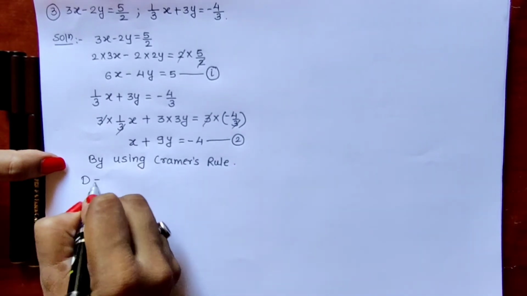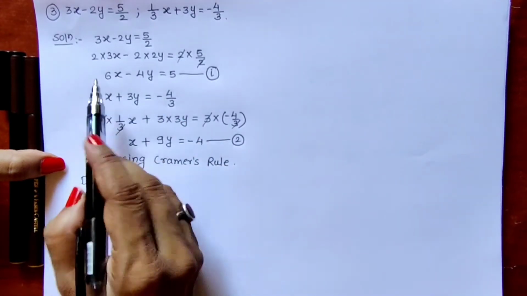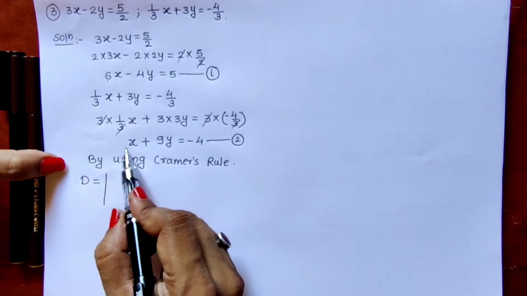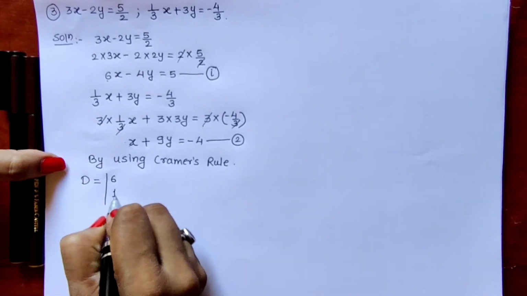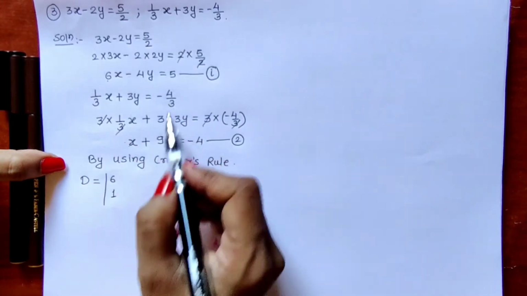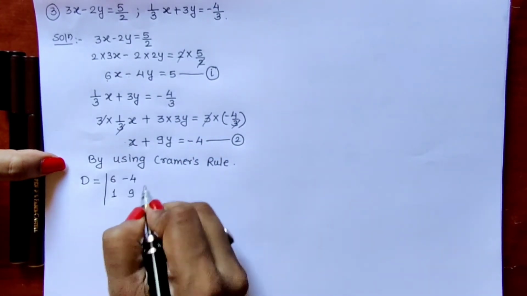First we have to find D. D means coefficients of x and then coefficients of y. Here coefficient of x is 6, here coefficient of x is 1. Nothing is there means always 1 is there. So 6, 1. Here coefficient of y is minus 4, here coefficient of y is plus 9. Minus 4, plus 9.